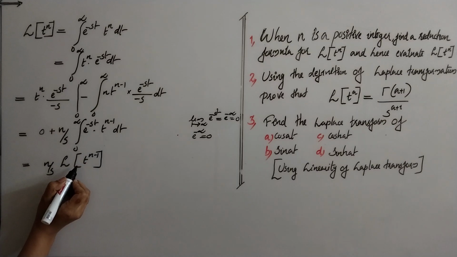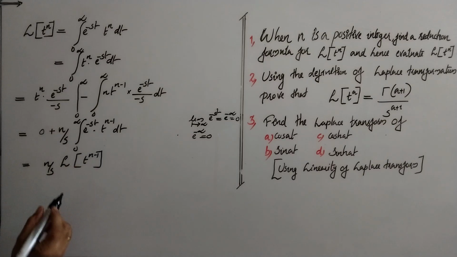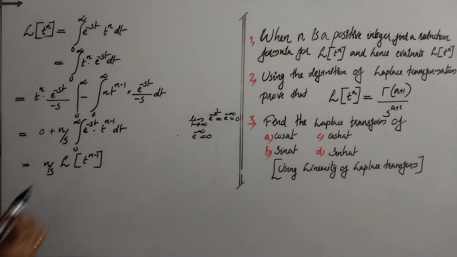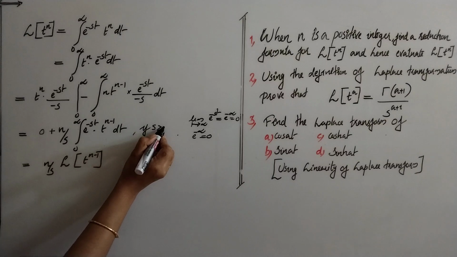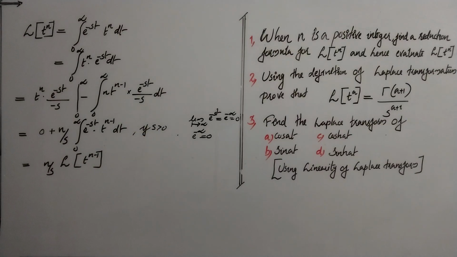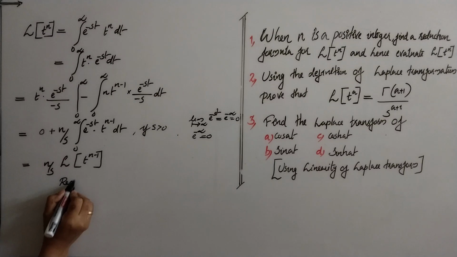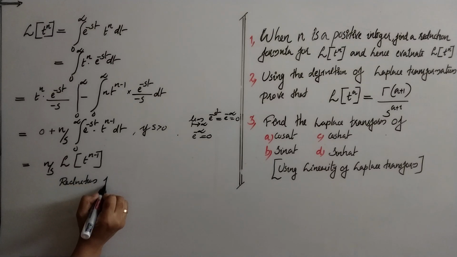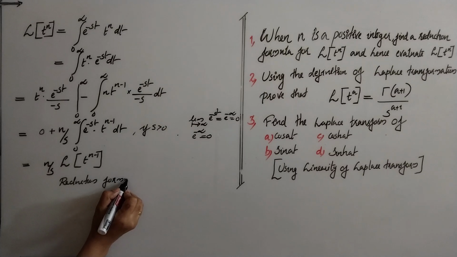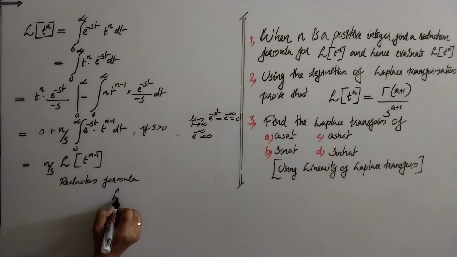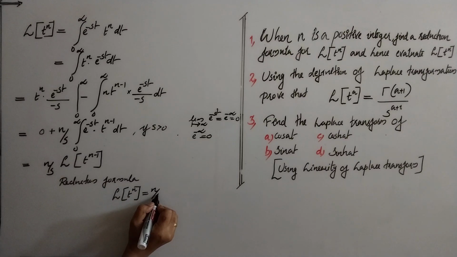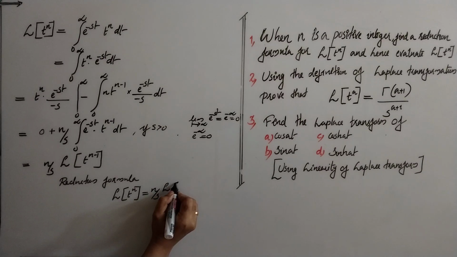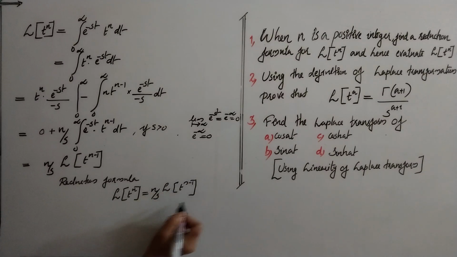By definition of Laplace transform, L of t raised to n minus 1 is integral 0 to infinity e raised to minus st into t raised to n minus 1 dt, for s greater than 0. So the required reduction formula is: Laplace transform of t raised to n is n by s into Laplace transform of t raised to n minus 1.